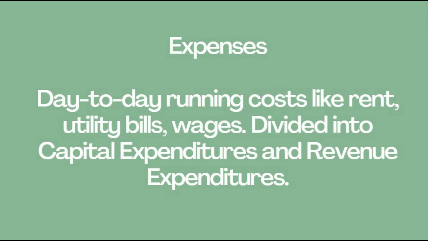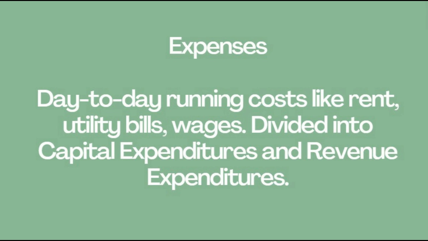Now it is important to see the capital and revenue expenditure because when it comes to preparing the income statement, we have to determine whether it's a capital expenditure or a revenue expenditure. The capital expenditure goes into the cost of the asset, and it is included in the cost of production, whereas the revenue expenditure goes into the expenses side of the income statement and it is not included in the cost of production.